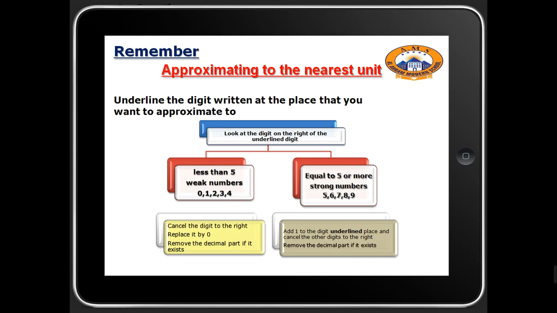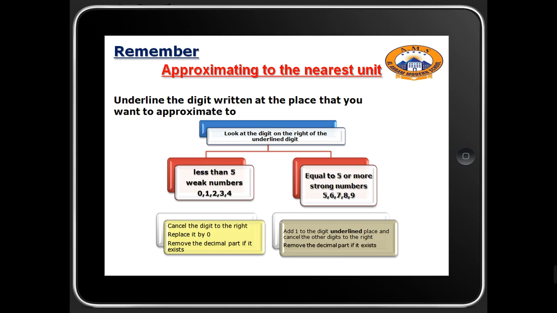If I want you to approximate to the nearest unit, or to the nearest whole number, or to convert between any two units, all you have to do is underline the number in the units place and look to the right of this number. If the number written on the right is 0, 1, 2, 3, or 4, we cancel this number because it's considered a weak number.